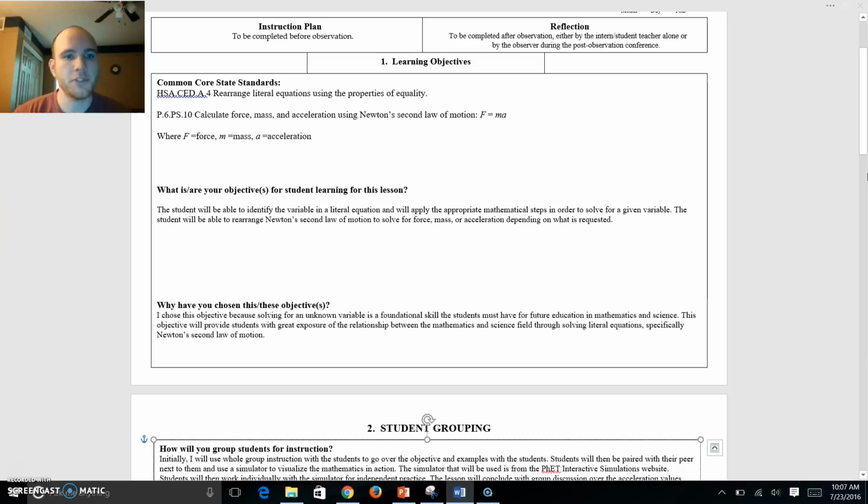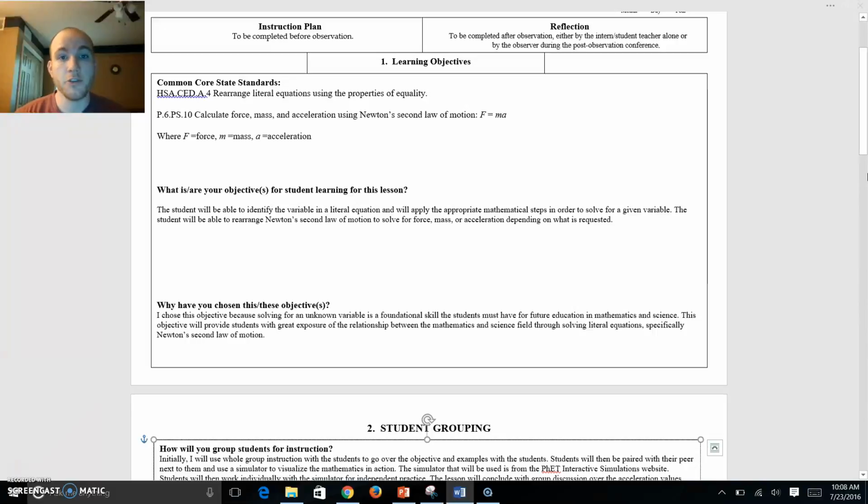And then the objectives: the student will be able to identify the variable in a literal equation and apply the appropriate mathematical steps in order to solve for a given variable. The student will also be able to rearrange Newton's second law of motion to solve for force, mass, or acceleration depending on what is requested. So that right there pretty much covers both standards.